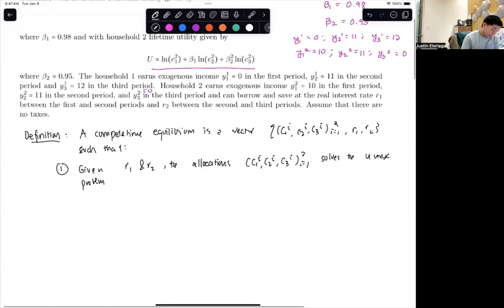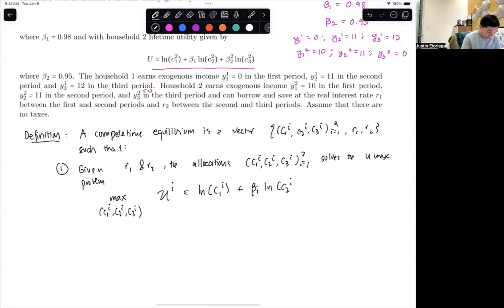which we know is given by maximize over C1i, C2i, C3i the utility function i, because the utility function is similar between them, so we can generalize: ln C1i plus beta i ln C2i plus beta i squared ln C3i.